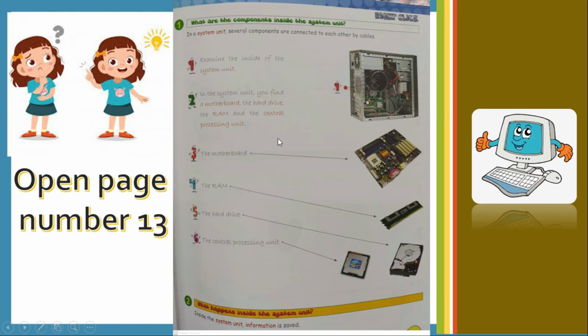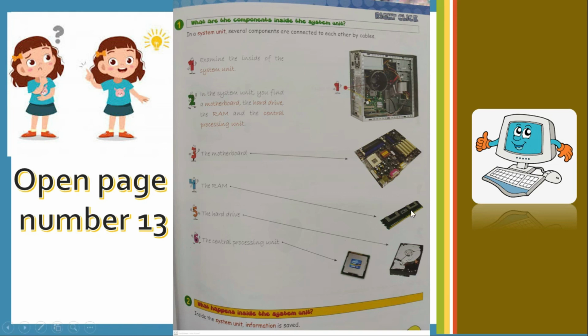In the system unit you find a motherboard, the hard drive, the RAM, and the central processing unit. The motherboard, all of this big piece, we call the motherboard. These small pieces we call RAM, this one is the hard drive, and this one is the central processing unit.